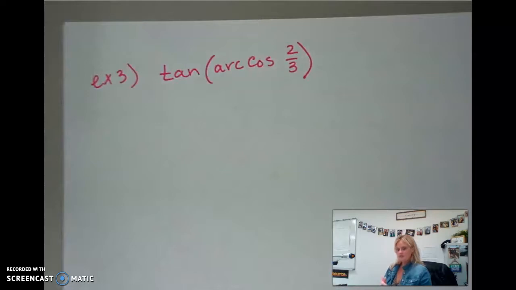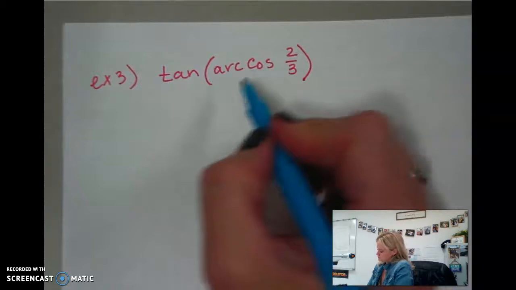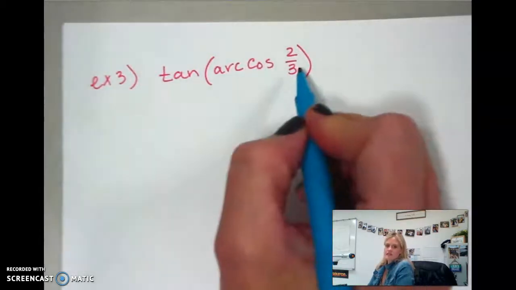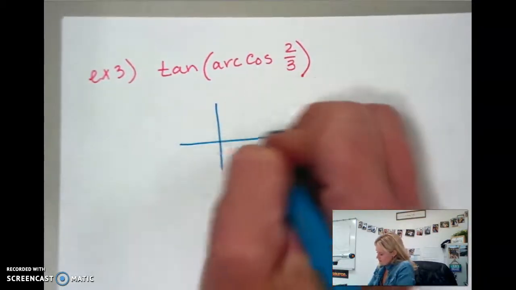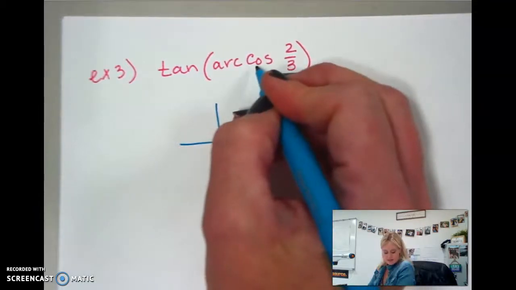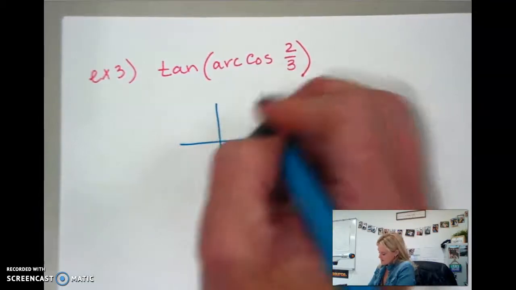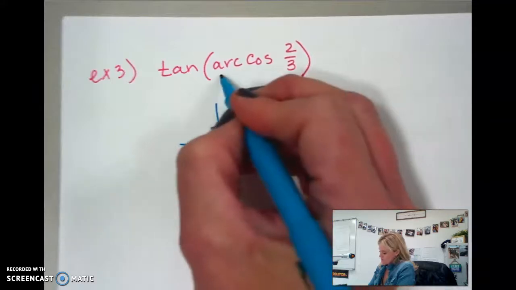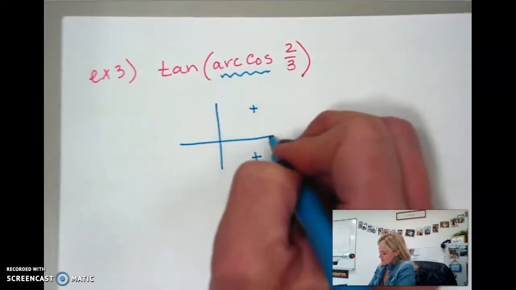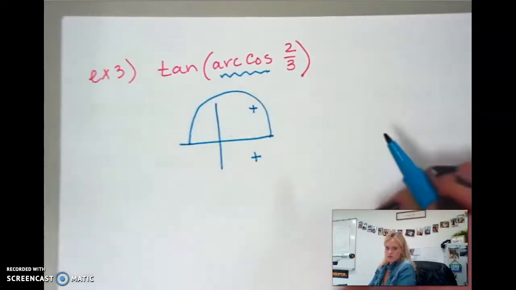They kind of do on the same triangle, but not like this. So the first thing we have to do is decide where the cosine of 2 over 3 is. Well, if we created a triangle, when is cosine positive? Cosine is positive over here and over here. But remember, if we're using arc cosine, I can only use quadrants 1 and 2.